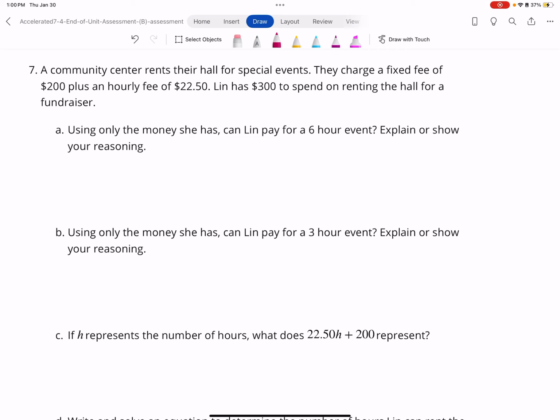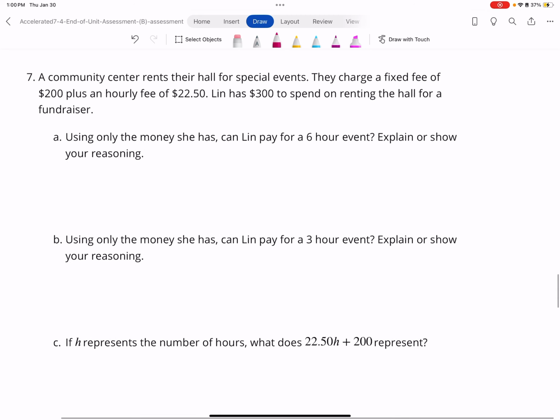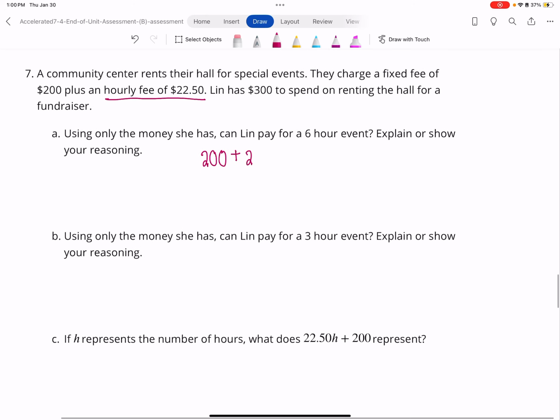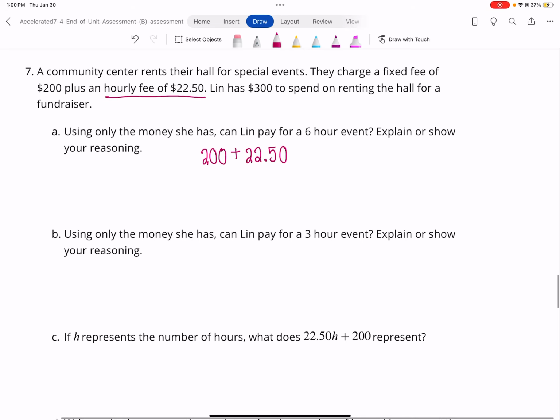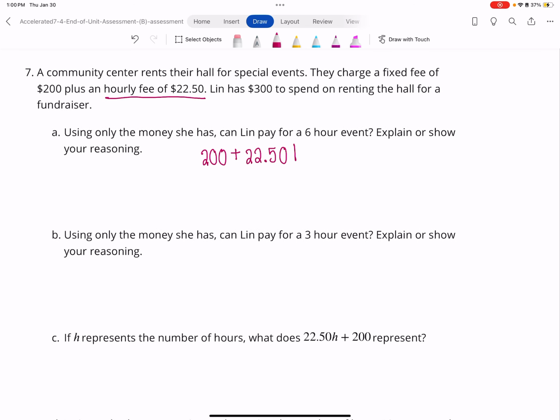Okay, so if they charge a fixed fee of $200, we're going to write $200 here. We're going to add it to the hourly fee of $22.50 per hour. So we're going to write H to represent the number of hours that Lynn spends on renting the hall for the fundraiser.